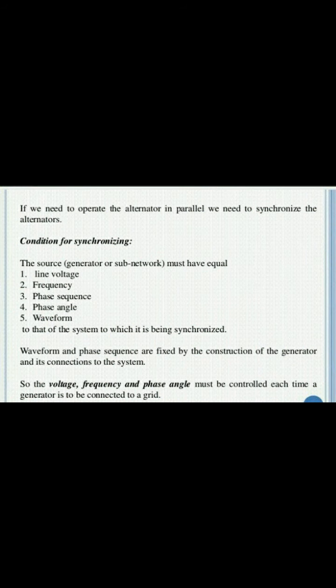So these are the various conditions of synchronizing of alternator. The first condition, they must have the same output voltage rating. The second, speed should be same with frequency, that is frequency should be same. The third one is the same waveform, but it can be a different kVA rating, no problem, but the waveform should be the same. Then the fourth, the alternators should have the same speed-load characteristics.